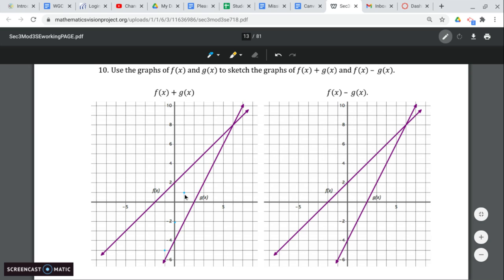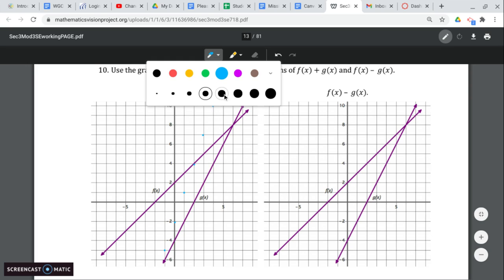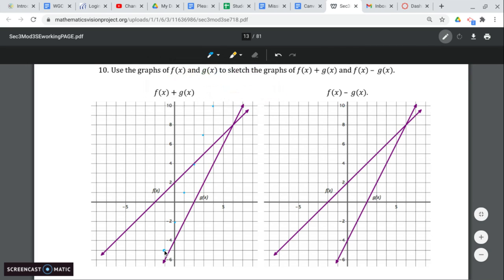So just like this. 4 plus 0 is going to give us 4. 5 plus 2 is going to give us 7. 6 plus 4 is going to give us 10. So then from here on out, they're all going to be up above the graph. So those are our points. I'm going to make those a little larger so you can see them.